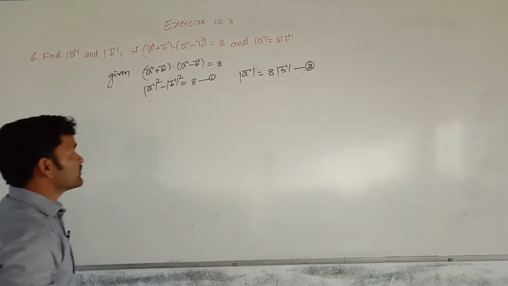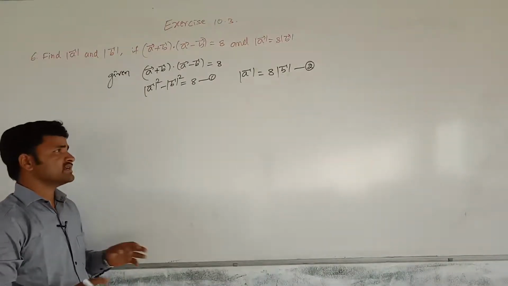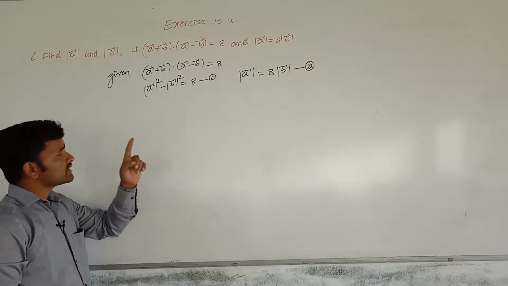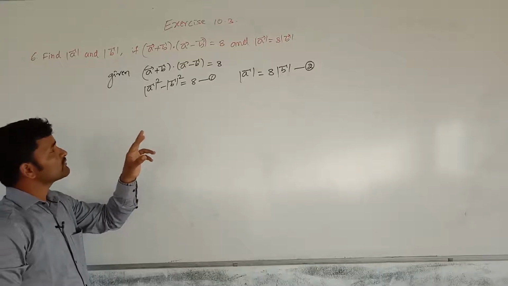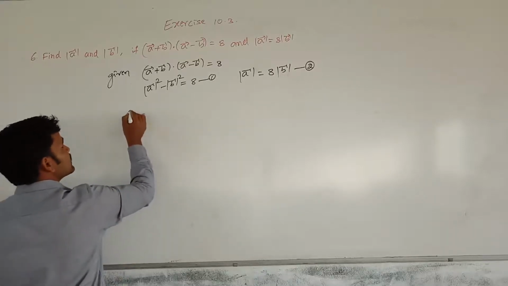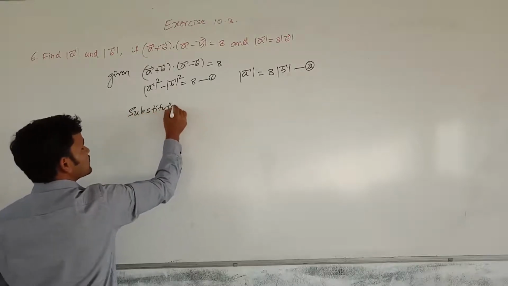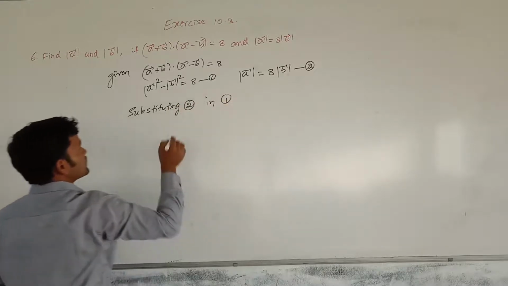By solving 1 and 2, we need to find out magnitude of vector A and magnitude of vector B. Very simple it is. From equation 2, let us substitute magnitude of vector A in equation 1. Substituting 2 in 1.